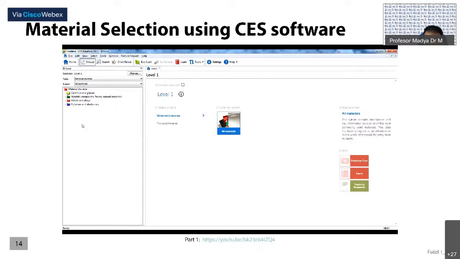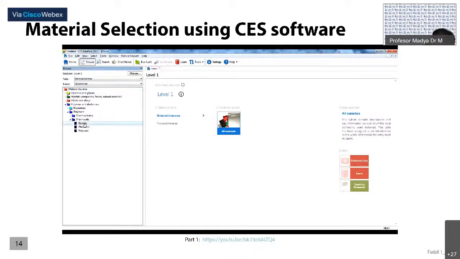As you can see on the left hand side, we can browse through different materials. Of course, epoxy we know is a polymer, so I click on polymer. We have thermoplastics and thermosets, and we have only 3 types of thermosets here.